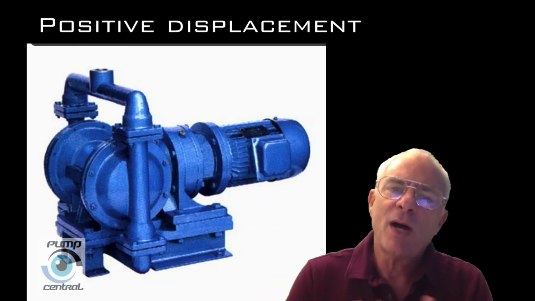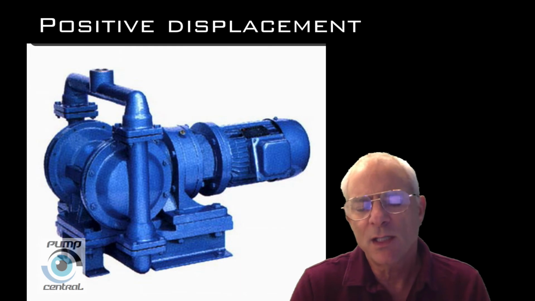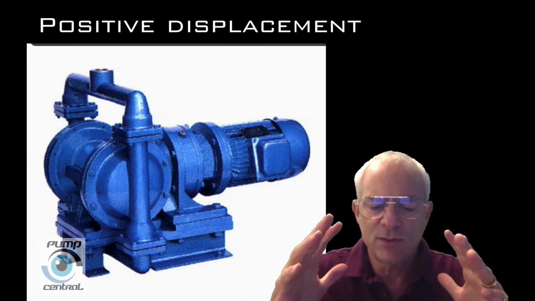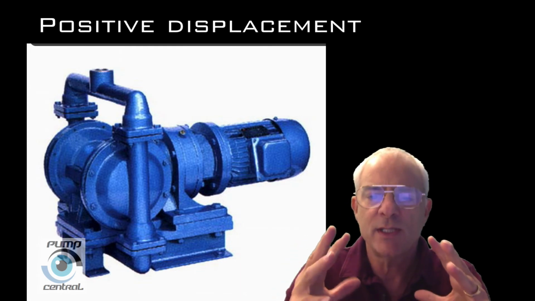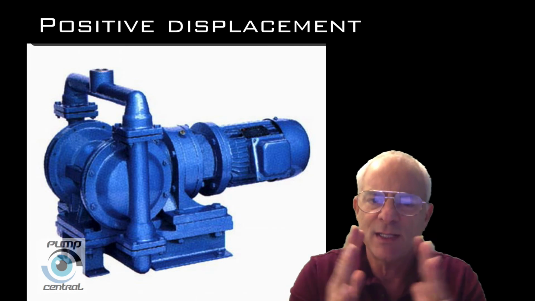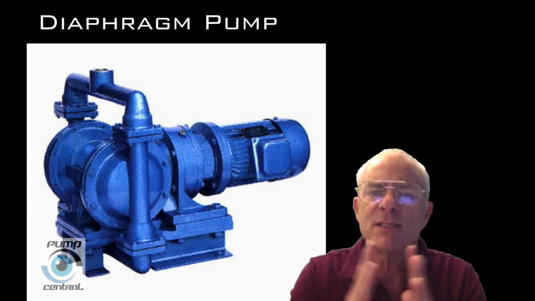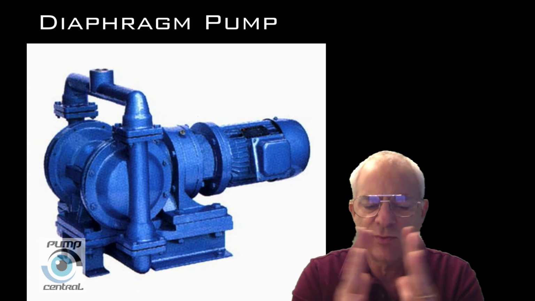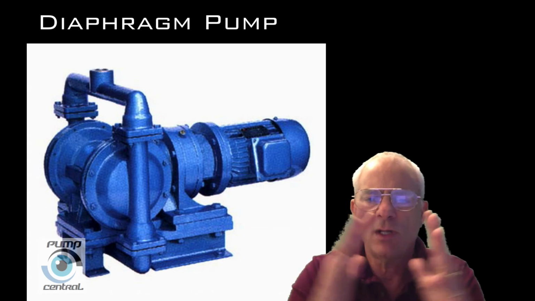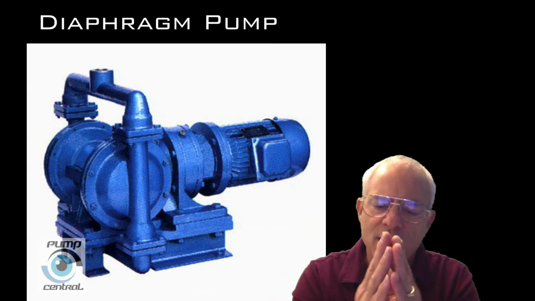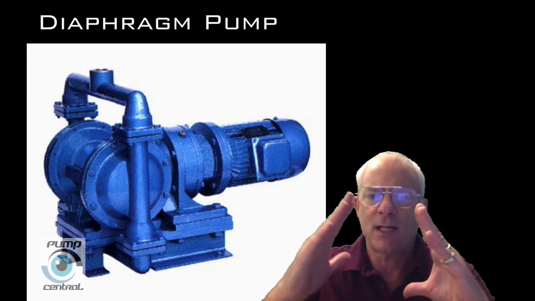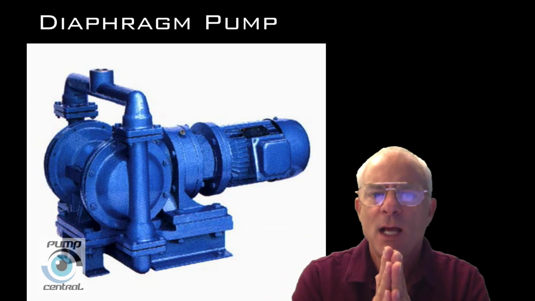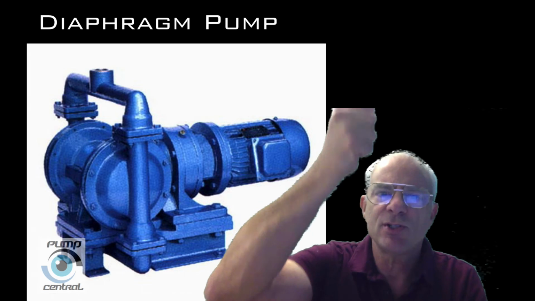Okay, so back to positive displacement pumps. You'll find in many applications, especially in industry, you have diaphragms that pump the water positively by simply reciprocating and pushing water out, and as they come back they suck water in, and then push it out again. A variation of that is a plunger pump.